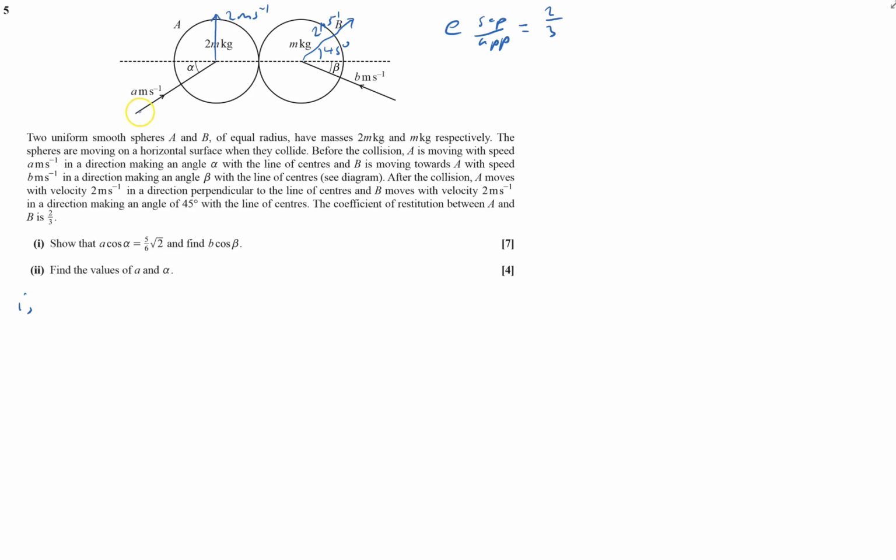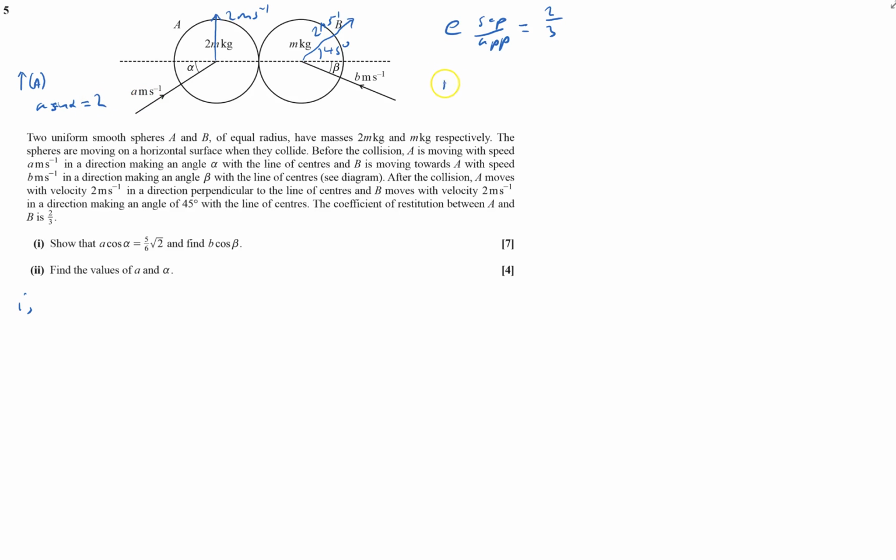this bit here, and the initial velocity this way, because there's no impulse perpendicular to the line of centers, therefore the initial momentum must equal the final momentum, and since the mass of this one doesn't change, the initial velocity in this direction must equal the final velocity. So I'm going to be looking upwards for A, and that says that A sine alpha equals 2.